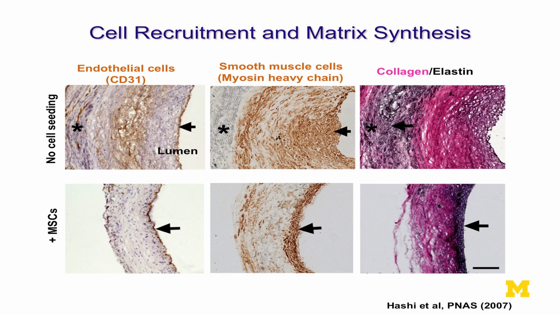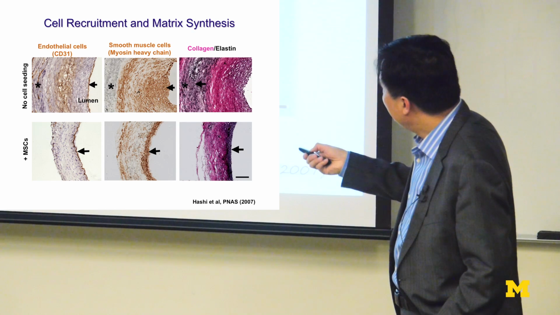Here I just want to show you one slide because it has been published a while ago. And interestingly, what we found is that when you have mesenchymal stem cell seeding, here it shows the cross-section of the grafts, the main effect is that you can prevent platelet activation and thrombus formation. You can prevent this neointima formation.